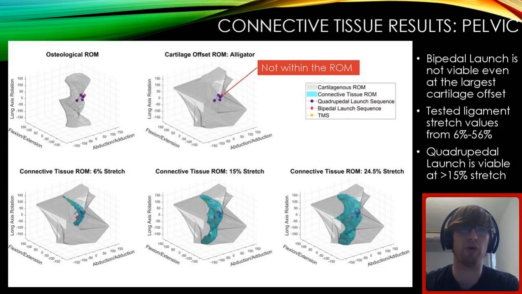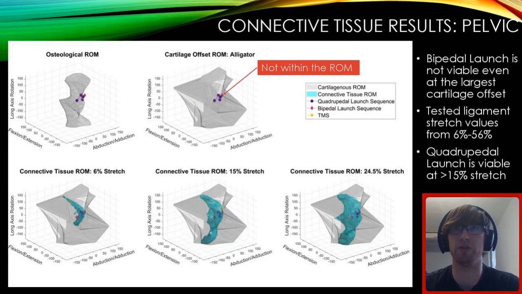So what this meant for the connective tissue ROM, which is heavily reliant upon the largest cartilaginous offset, as you can't get more than your cartilaginous offset anyway, it meant that no matter what stretch percentage we did for the ligaments we simulated, there was no way to make that viable.